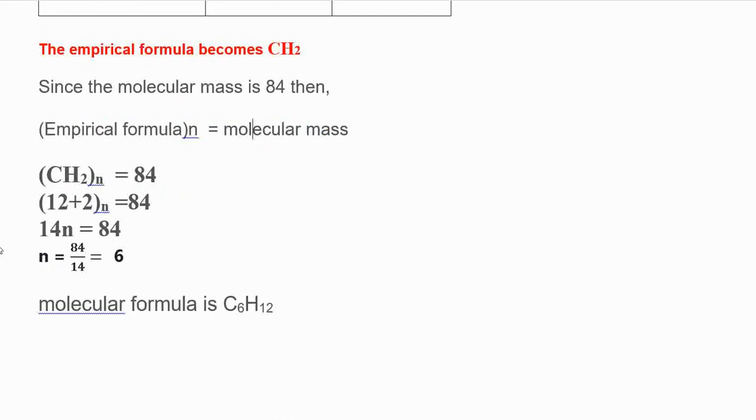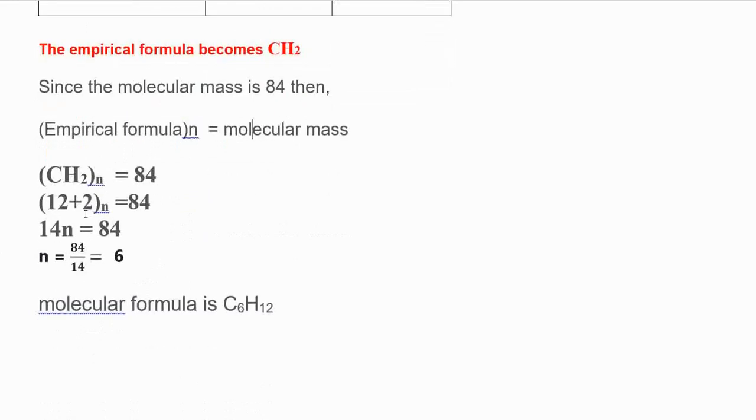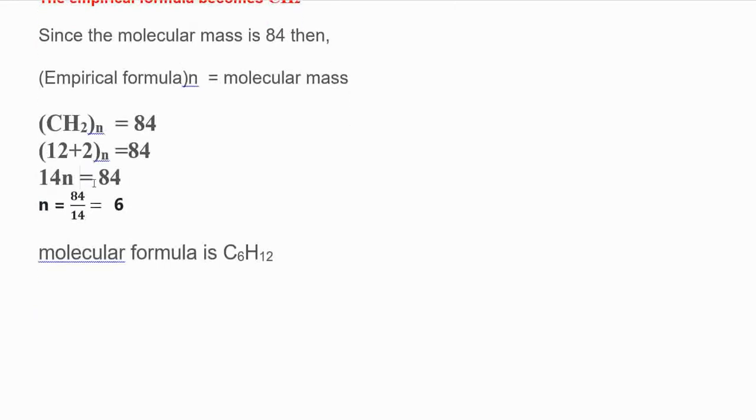So we are going to determine the value of N. Our empirical formula is (CH2) times N, which is equal to 84. Carbon is 12, hydrogen is 1, and then 1 times 2 is 2, so 12 plus 2 is 14. So 14N equals 84. You divide both sides by 14, you get that the value of N is 6.